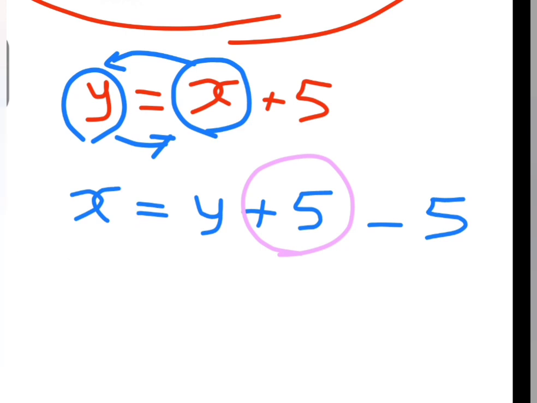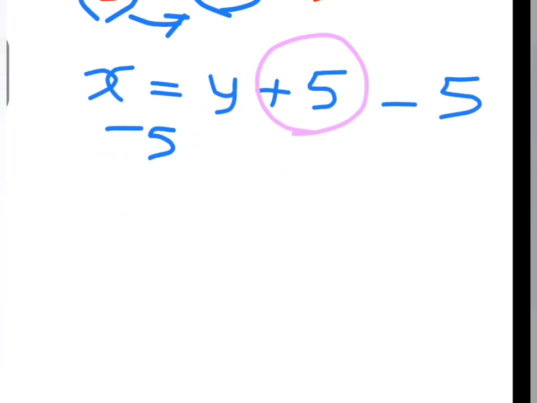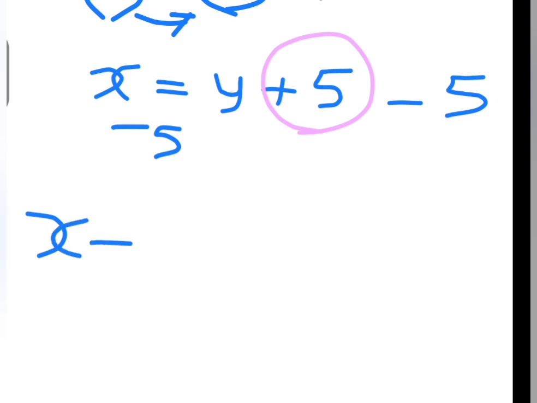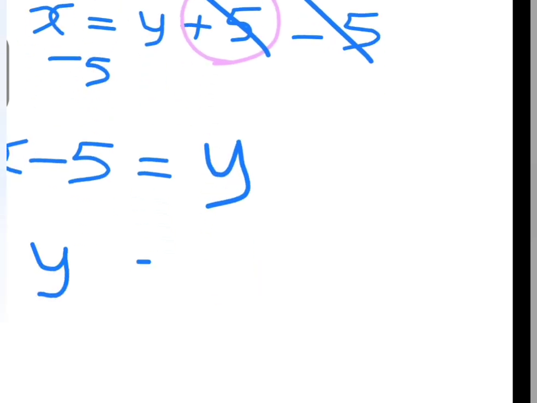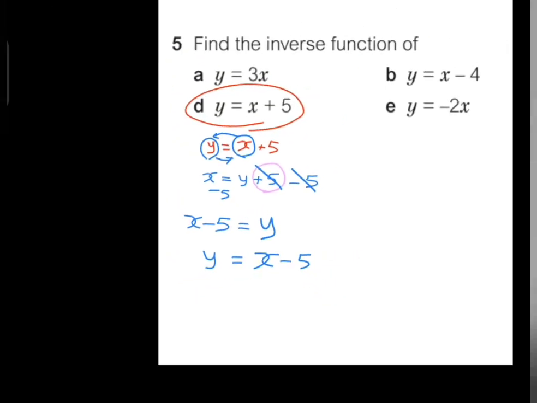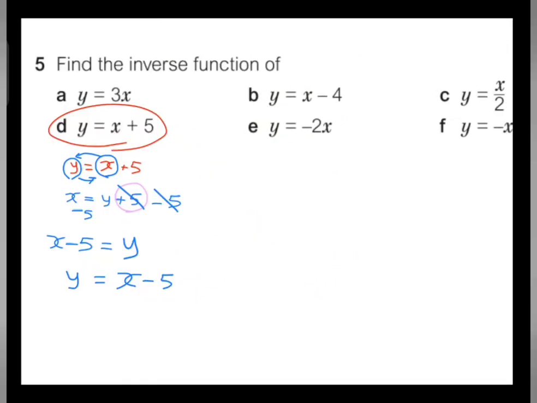So x here, negative 5. So x minus 5 equals, now in this side here, plus 5 minus 5 equals what? Equals 0. Very good. So plus 5 minus 5 equals 0. And we left y alone. So we write y here. So the answer is y equals x minus 5. And this is how you find the inverse function for D.